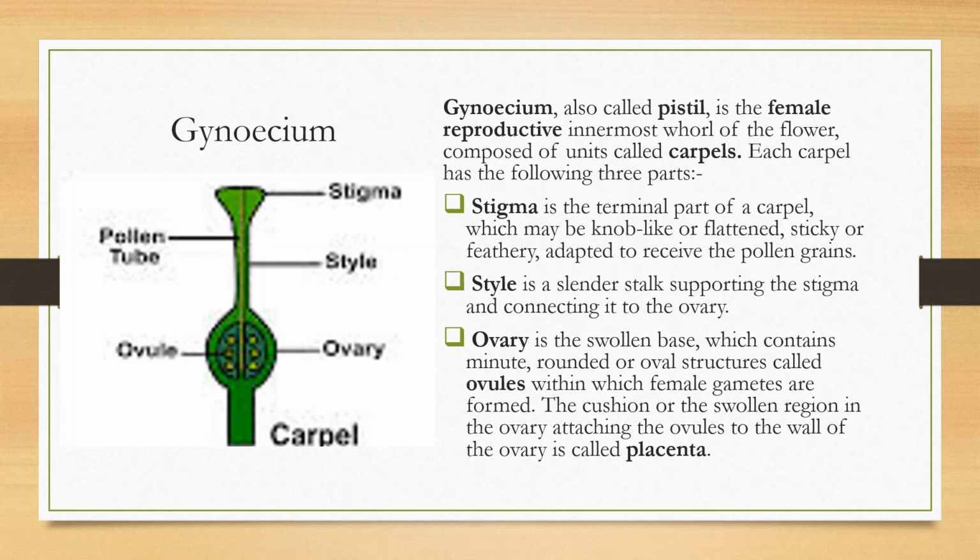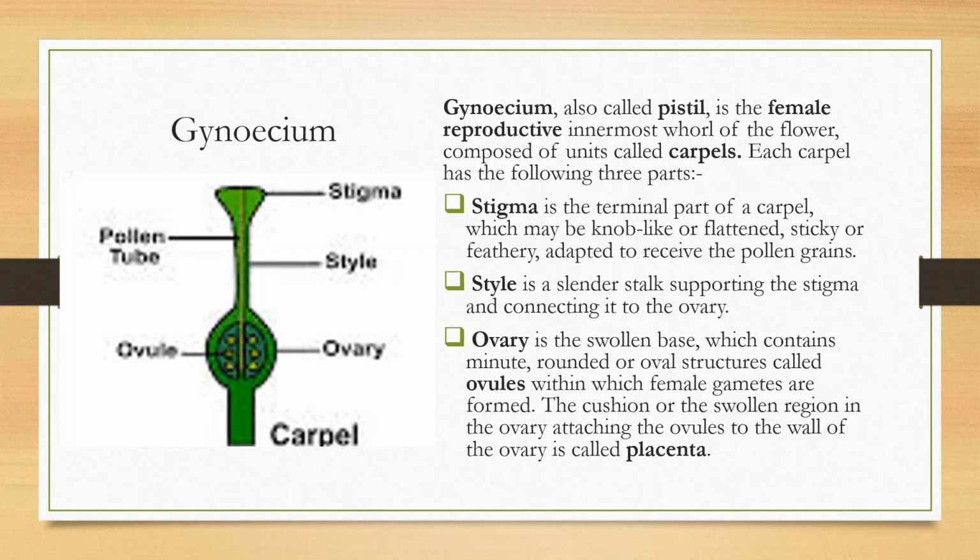And the stigma is adapted suitably to receive the pollen grains. Then from stigma, an extension is there in downward direction. That is a long, slender, stalk-like structure supporting the stigma, and it connects the stigma to ovary.